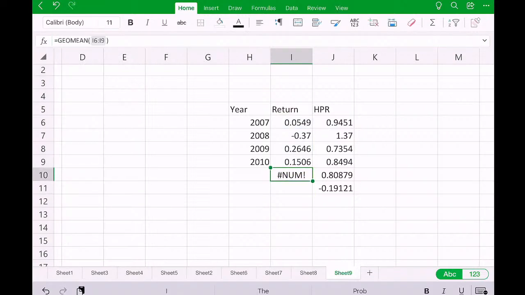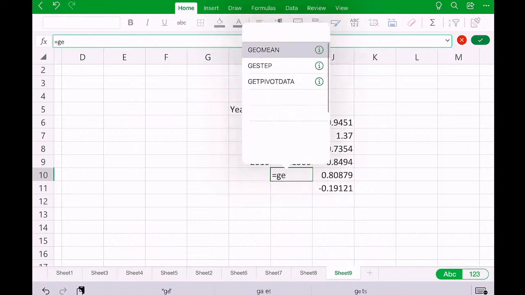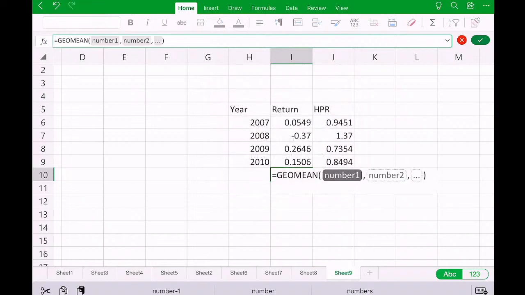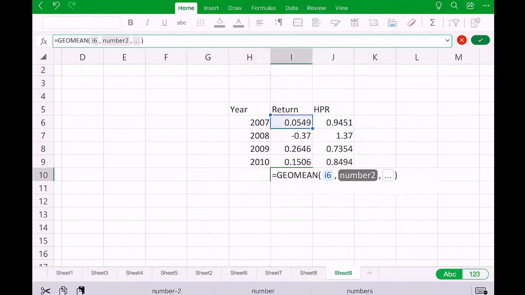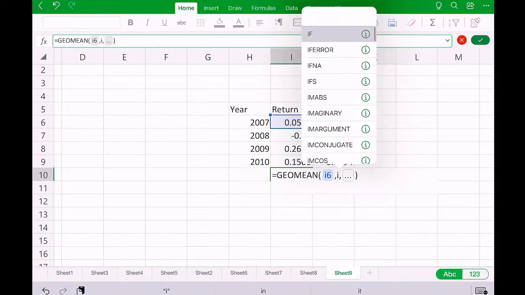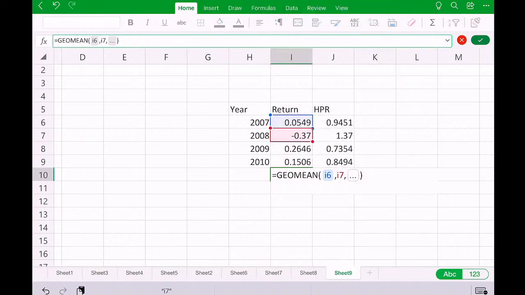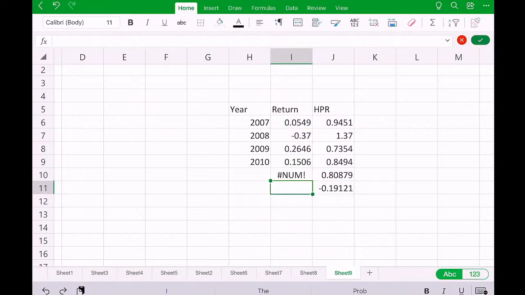Didn't work. It wants me to put them one by one. I6, I7, oh well, I'm not sure why it's not working.